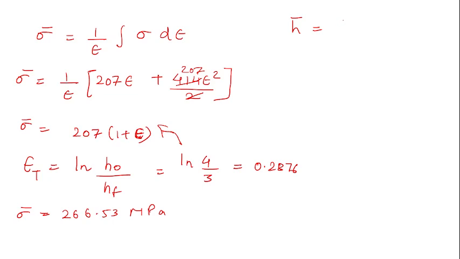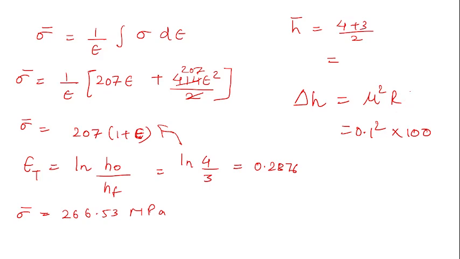HF, what? Its value is 3. How, ma'am? Okay. Firstly, you have to get the delta H. That will be mu square R, so it will be 0.1 square into 100.